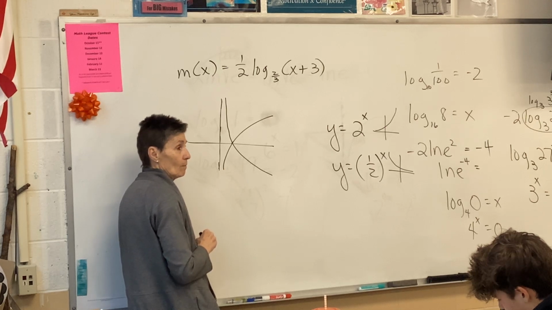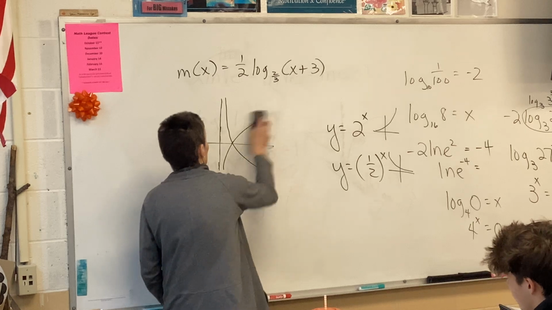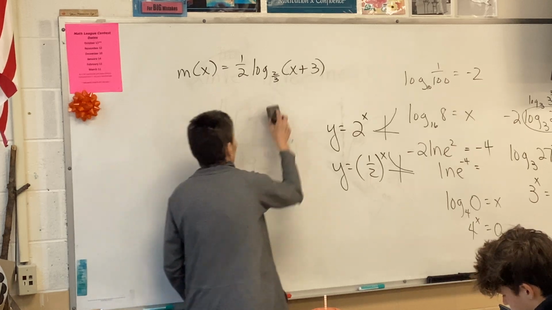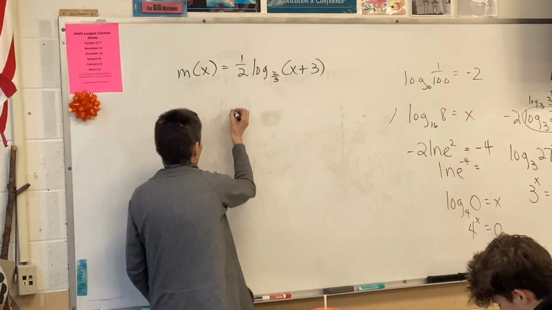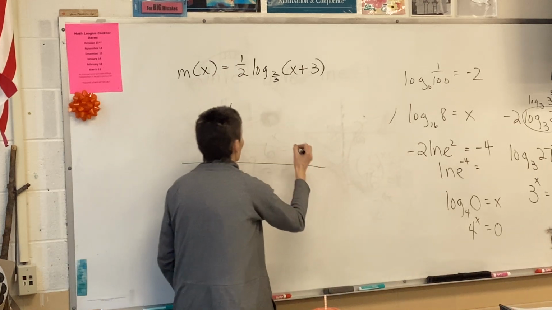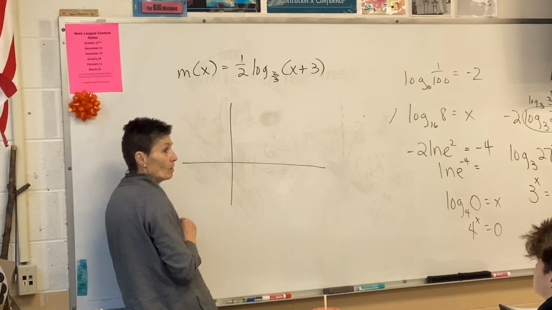Okay, now, that's going to be the general shape of this thing. Now, what else do we know about it? Tell me what else I know. I have the general shape now in my mind. What else do I know though about this?